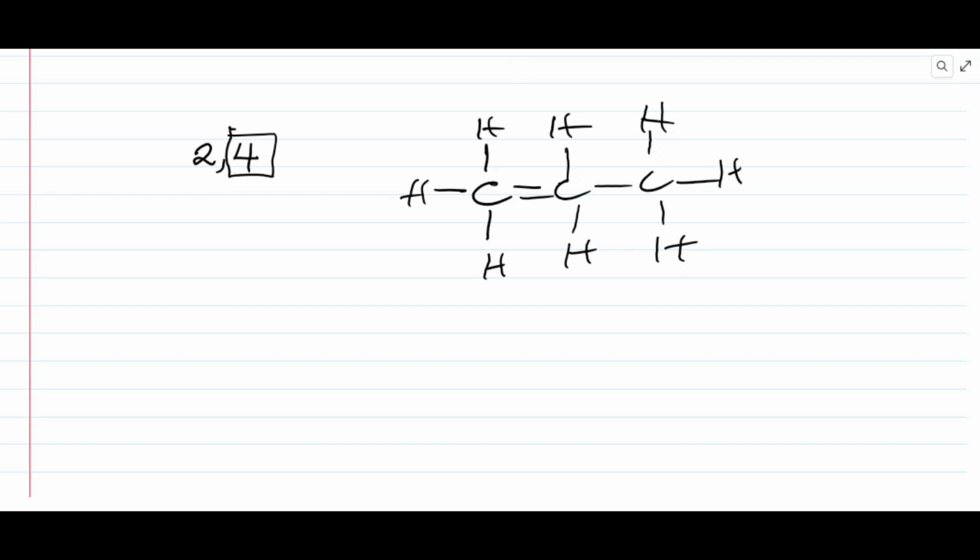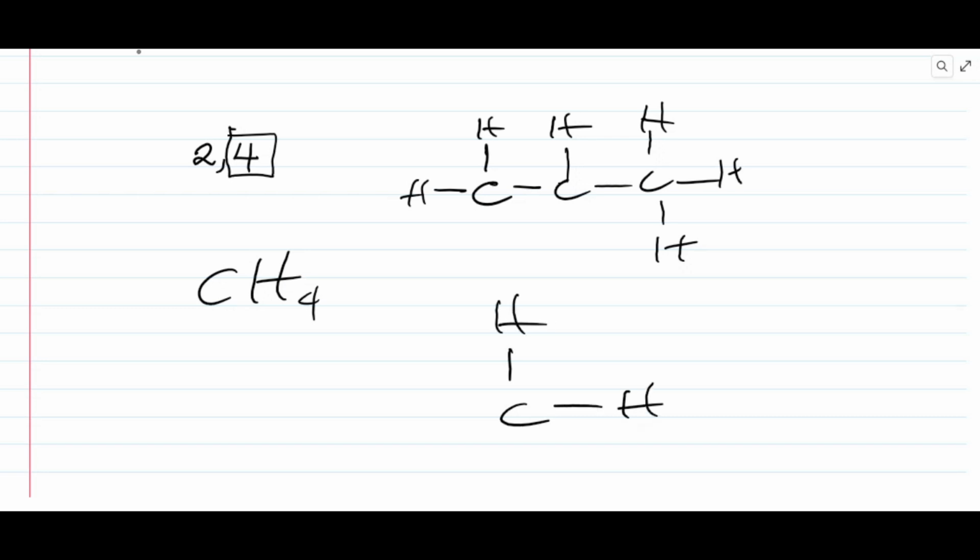Another thing that I want you to master regarding this is they may ask you to draw the structure of methane. So we have CH4. You want to show the electronic structure of methane. Remember, methane is carbon and hydrogen, hydrogen, hydrogen, and hydrogen.